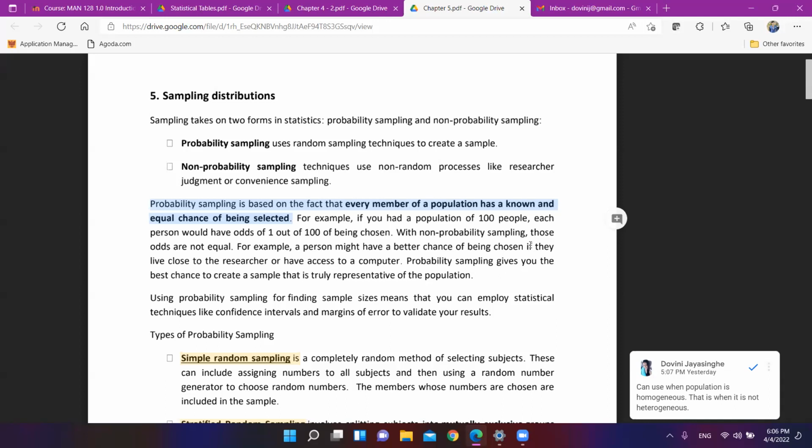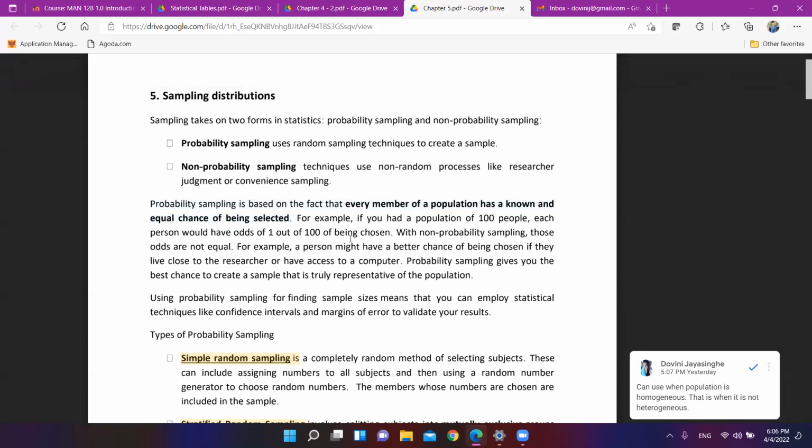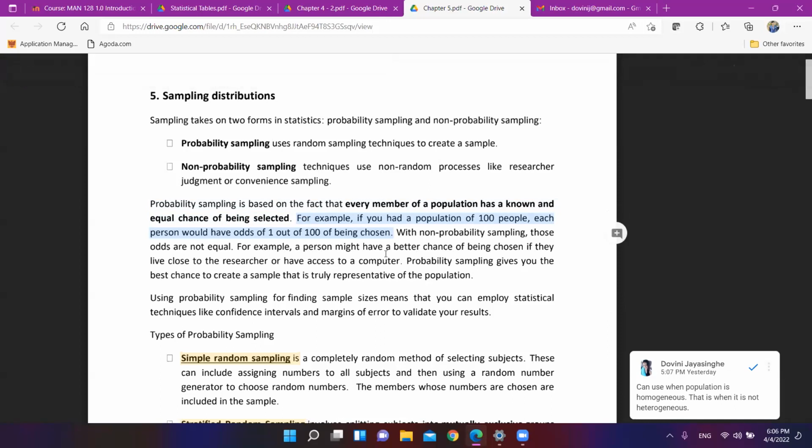For example, if you had a population of 100 people, each person would have odds of 1 out of 100 of being chosen. So 1 upon 100 is a probability.